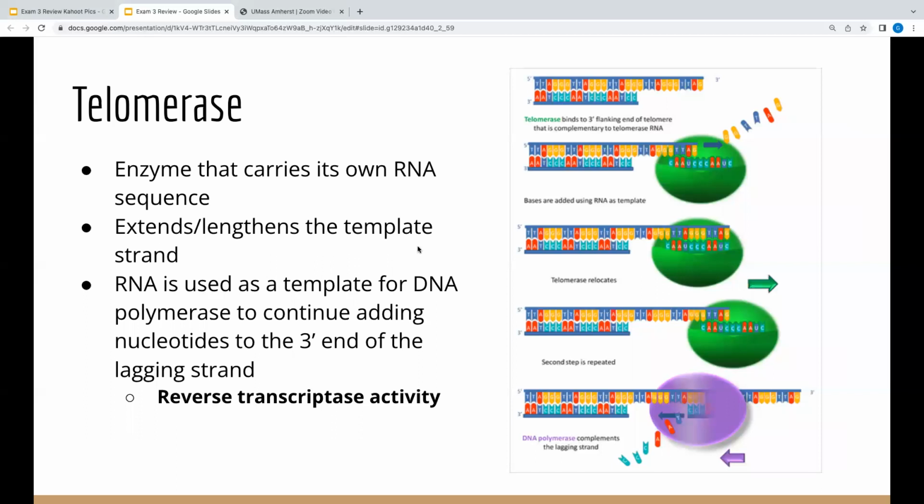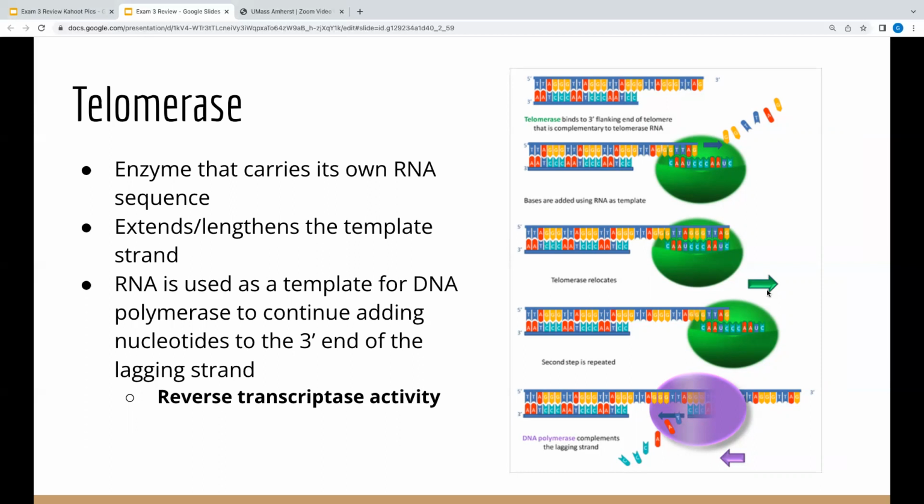And so what the cell does to make up for this is it has telomerase, which is an enzyme that has a sequence of RNA built into it. What it does is help extend or lengthen these telomeres, because if not, the telomeres will just continue to shrink until the actual coding regions of the chromosomes are lost.